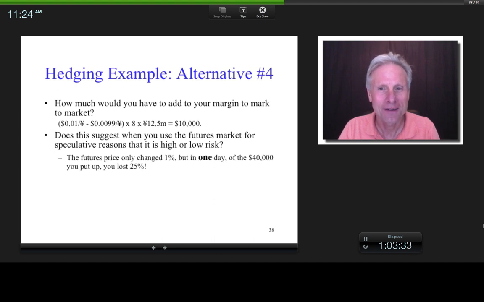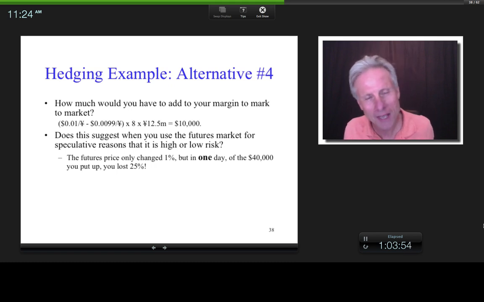The futures price changed only by 1%, and in one day you lost 25%. What that means is that if you engage in futures trading for speculative purposes, not for hedging purposes, then this is unbelievably high risk stuff.